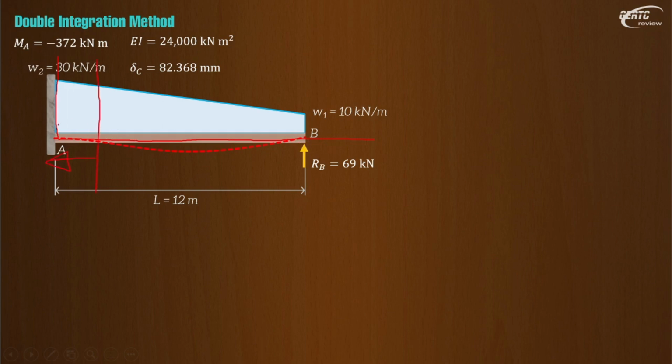But if you do that, it will be a disaster because you will have a hard time doing this triangle here. Well, you can do that, but the best option here is to take reference at B.